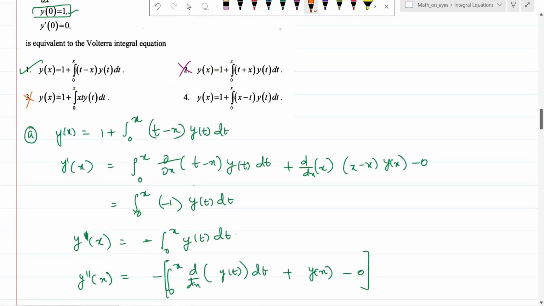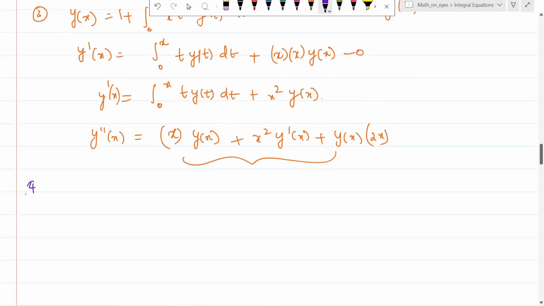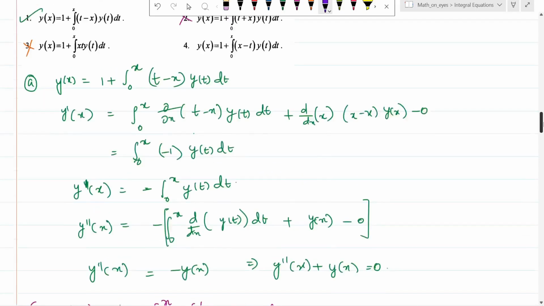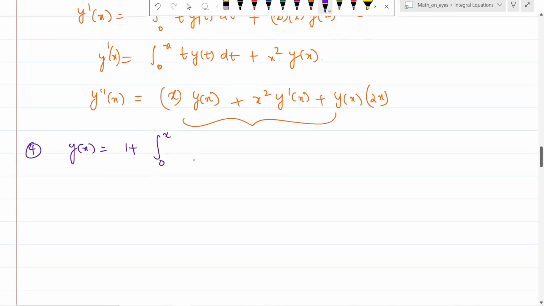And the fourth option, y(x) is equal to 1 plus integral 0 to x of (x minus t) into y(t) dt.